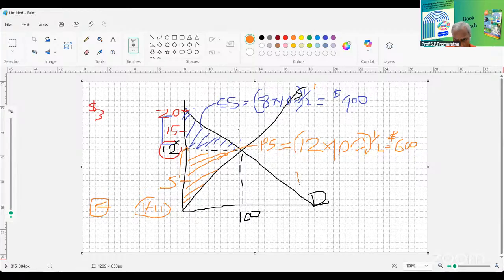That's what you can record. Social welfare is equal to consumer surplus plus producer surplus. In our case, 400 plus 600 becomes 1,000.